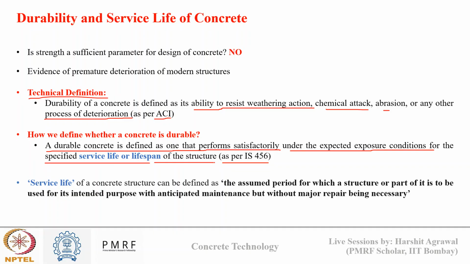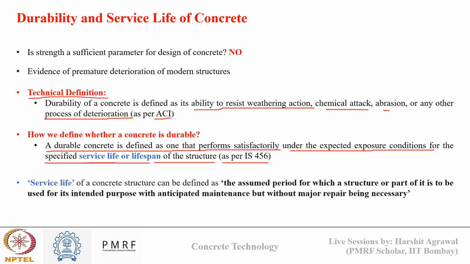The first definition by ACI talks about what durability means in terms of resistance to weathering action. And the second definition by the IS code talks about the response of concrete to weathering action as a way to define durability. Now, in the second definition, there is a word used here, which is service life.